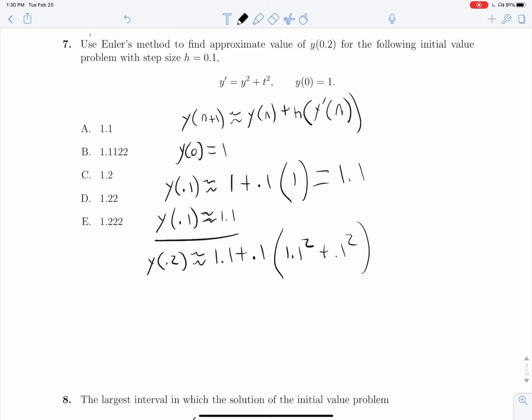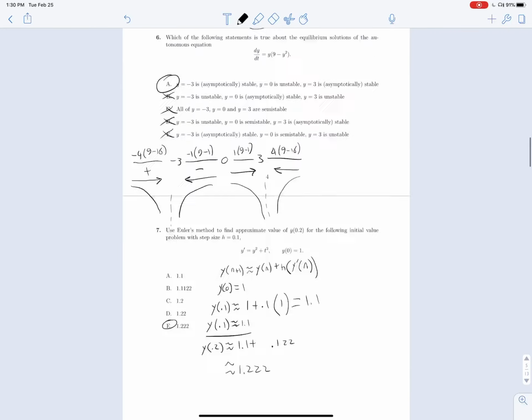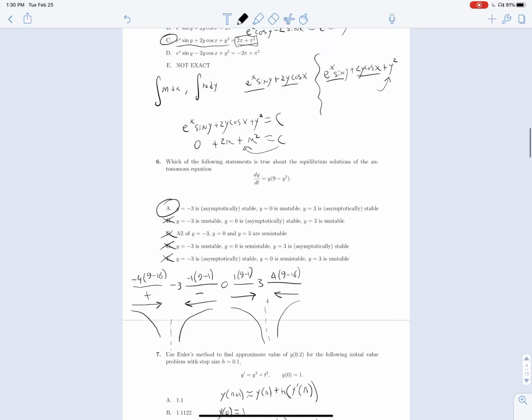And there are a lot of ones floating around here. 1.1 squared will give us 1.21, and 0.1 squared will give us 0.01. So together these give us 0.22 times 0.1 is 0.122 plus 1.1 is approximately 1.222. So E is our correct answer for option 7.